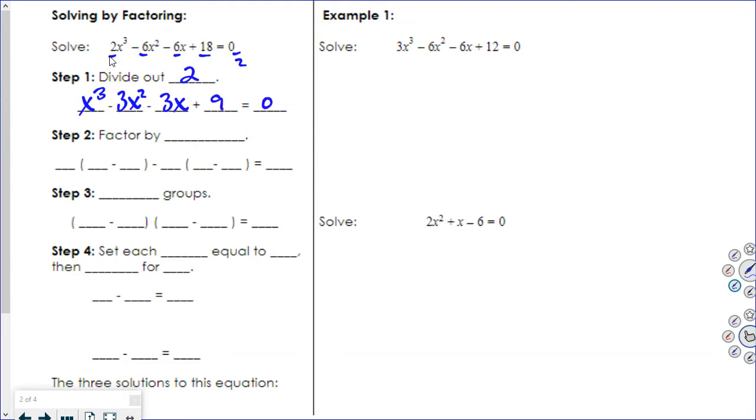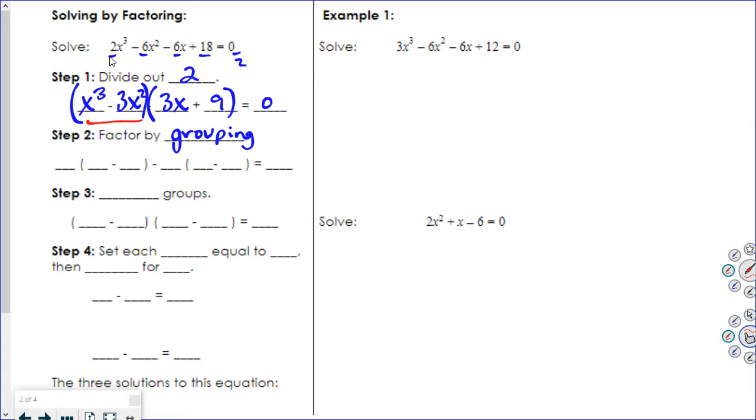Once we do that, since we have 4 terms here, we're going to be factoring by grouping. And what that simply means is you're going to put the first 2 terms in the first set of parentheses, and then the third and fourth terms in the second set. From there, you can now factor out a greatest common factor from each one of these.